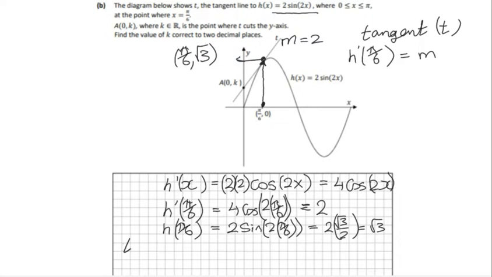Tangent is a line. y minus y1 is equal to m by x minus x1. Substitute everything in now, and we will get y minus the square root of 3 is equal to m, which is 2, by x minus x1, which is pi over 6 actually.